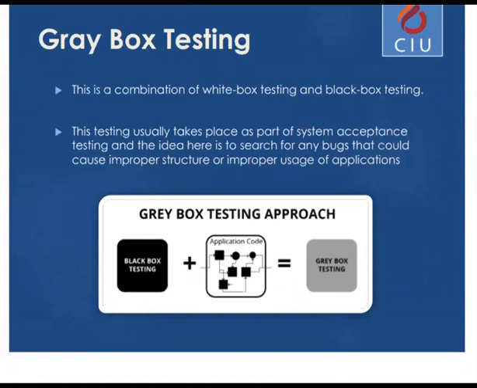Sometimes grey box testing is actually done after the software is released, because if the company has a specific release date, they just release the software and then do the grey box testing to patch the software later. So the software is basically released with bugs, which often happens in interactive media. And then after the release date, they release patches to fix the software.